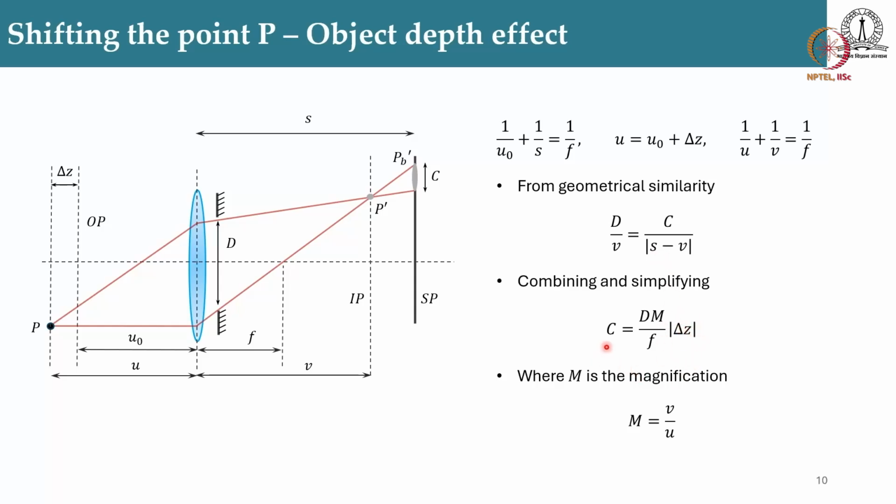So this is a very important relation which relates your blur circle diameter c with the aperture diameter d as well as your depth delta z. This is a very significant equation that will play a very important role when we are trying to deduce delta z from images. That tells us the way in which things will progress.